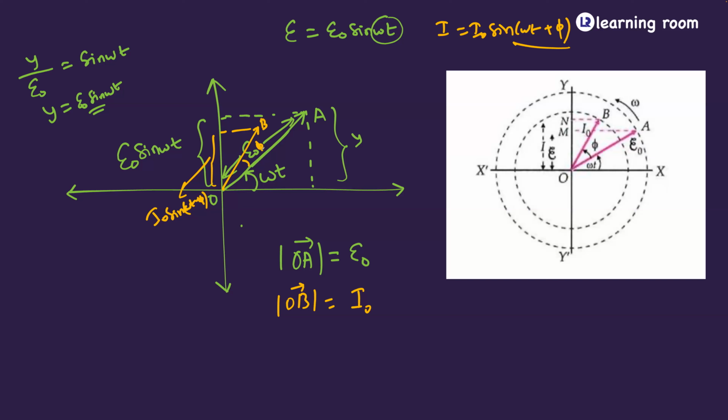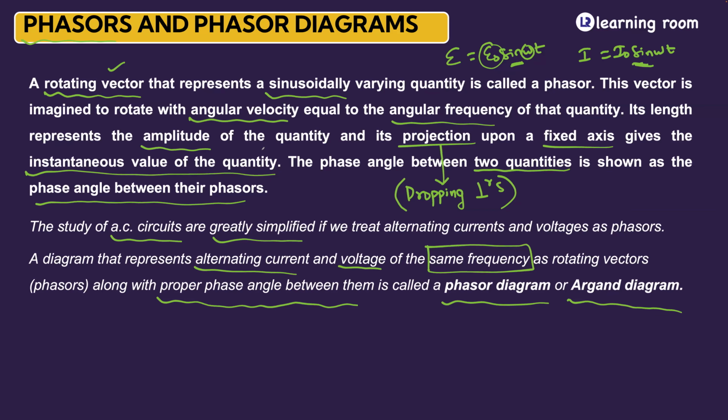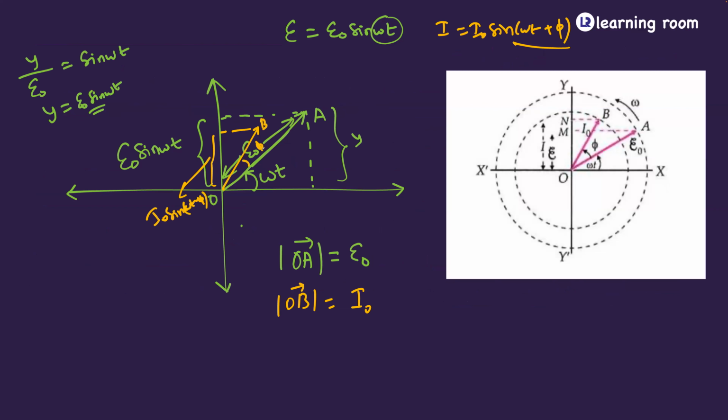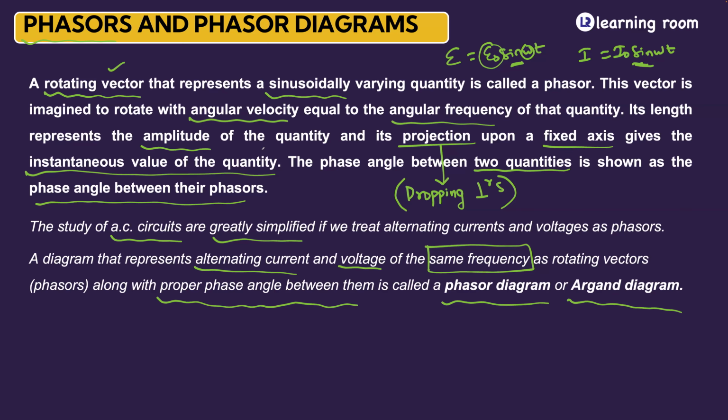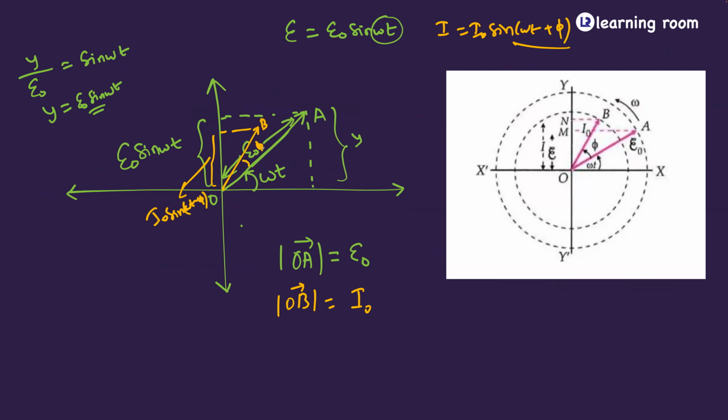What is the definition of phasor diagram given? Now you read the definition of it. A diagram that represents alternating current and alternating voltage, which are rotating with the same frequency. Are they? Here also frequency is omega, here also frequency is omega.